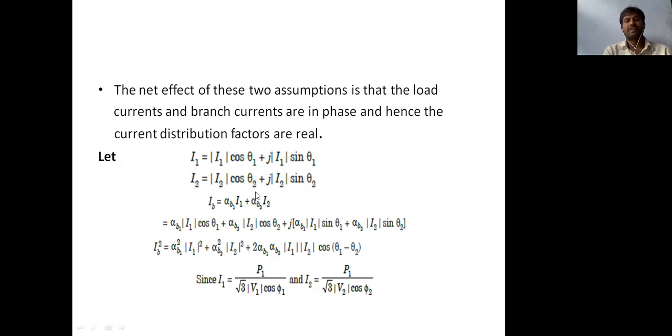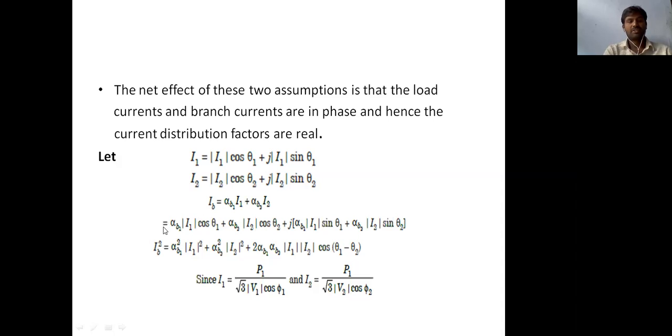Separating the real and imaginary terms: alpha B1 I1 cos theta 1 plus alpha B2 I2 cos theta 2, plus j times (alpha B1 I1 sin theta 1 plus alpha B2 I2 sin theta 2).